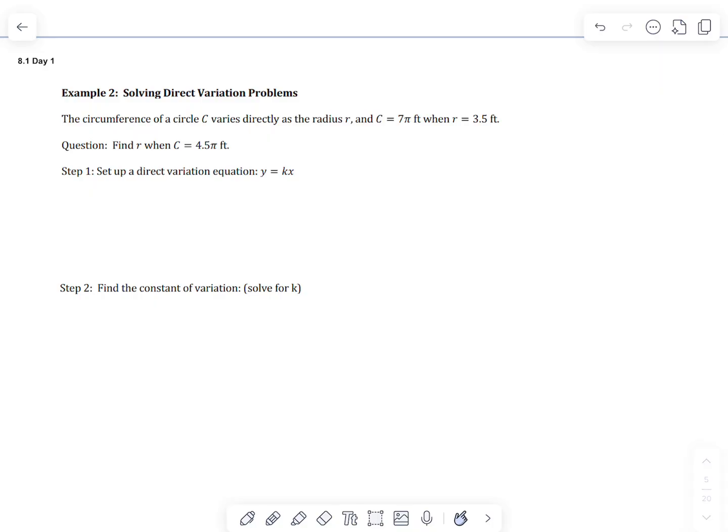Example 2. The circumference of a circle C varies directly as the radius r. And then what we do is we give you the circumference and the radius. And then we want to make a prediction: when we have the circumference of 4.5 pi, what is r? So step 1 is we want to set up our direct variation equation. Right now it's y equals kx, but notice our variables are not x and y, they're C and r.